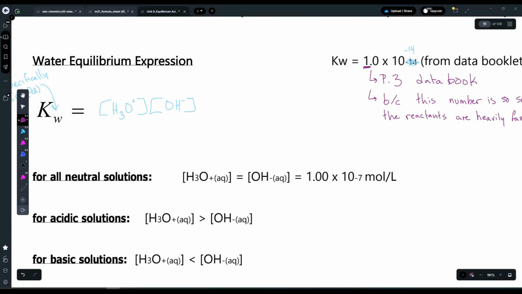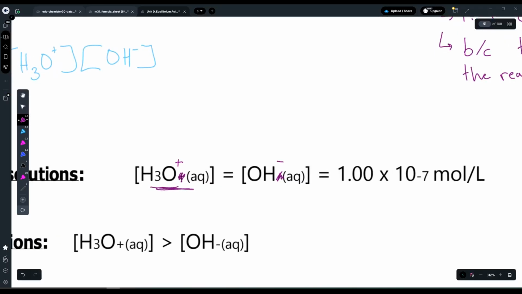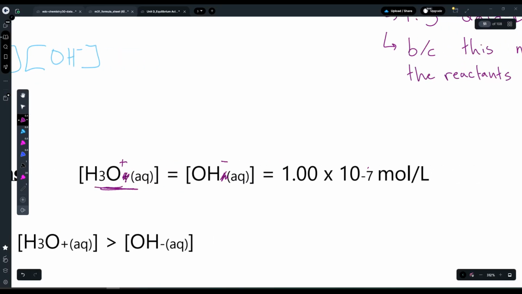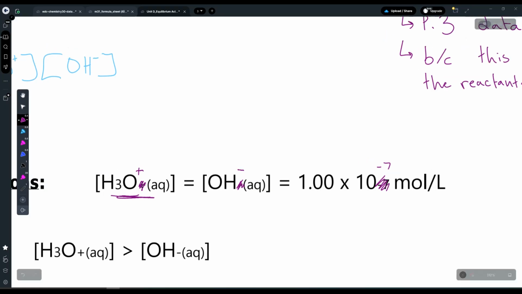Now, for all neutral solutions, the concentration of hydronium is going to be equal to the concentration of hydroxide, so both will have a concentration of 1 times 10 to the power of -7.